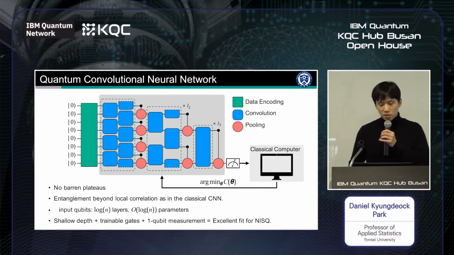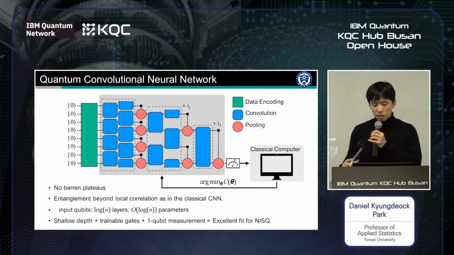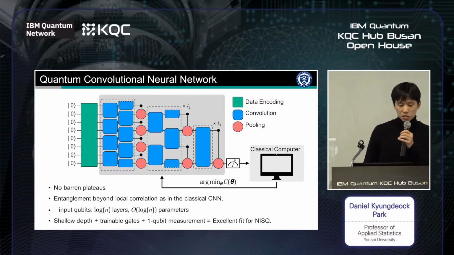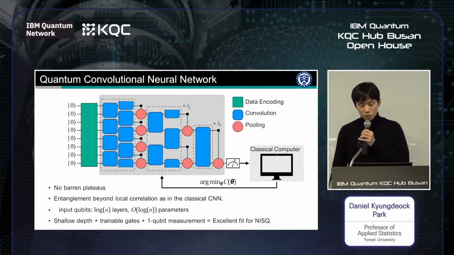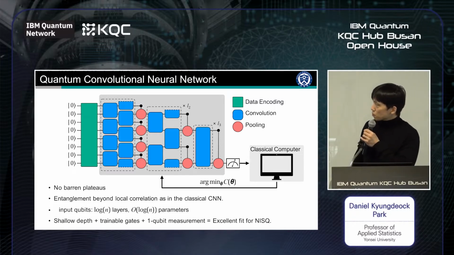So we did some benchmarking on this quantum circuit. This was just a classical simulation of the quantum algorithm. We used 8 input qubits to train the circuit to do binary classification on MNIST data.